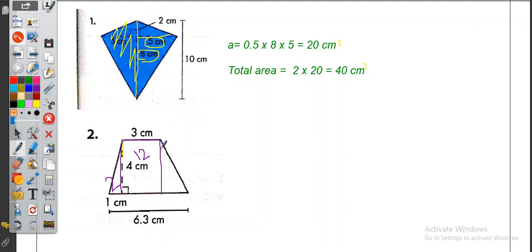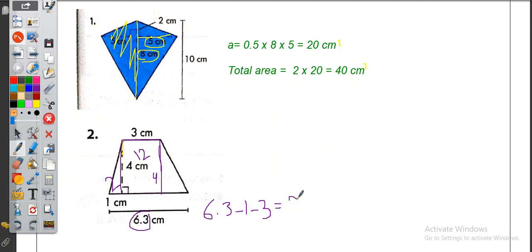What about this part? I know the height of this triangle, which is 4. What about the base? Well, as you can see, all of this from here to here is 6.3. Now I will remove this distance from it, which is 6.3 minus 1 minus 3, which is this distance here.